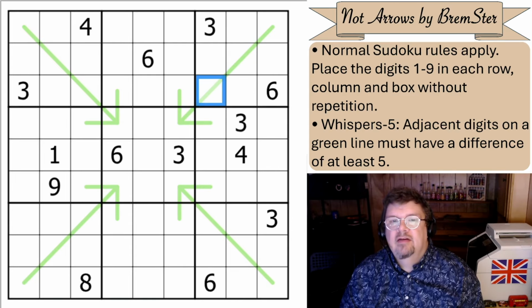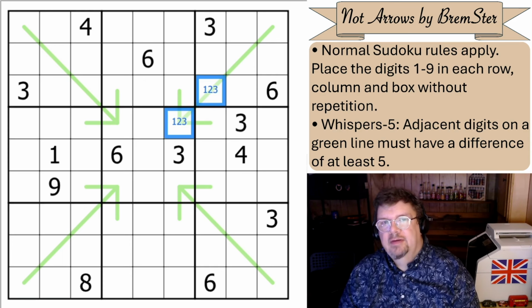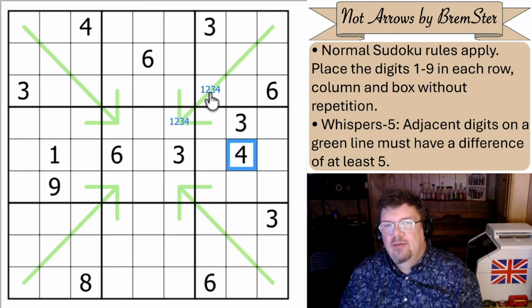And the reason for that is that, ignoring the other digits already in the grid, suppose I put 1, 2, 3, and 4 next to each other. The maximum difference between those would be between the 1 and the 4, which would be a difference of 3.